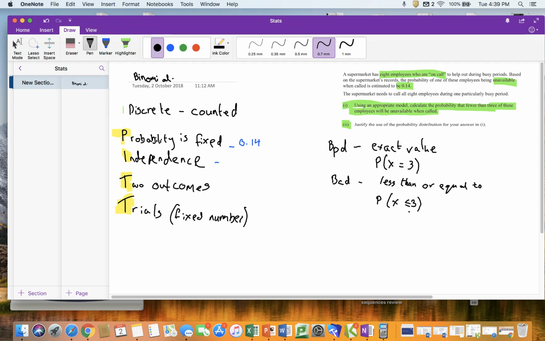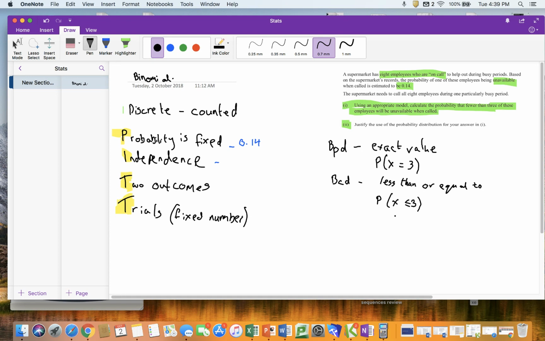So if I want to do less than 3, then I wouldn't do less than or equal to 3, I'd do less than or equal to 2, because I've got to make it 1 smaller. And if I want to do greater than 3, greater than 3 does not include 3, so I'd work out the probability of less than or equal to 3, and then subtract that answer from 1, because a binomial is either success or failure.